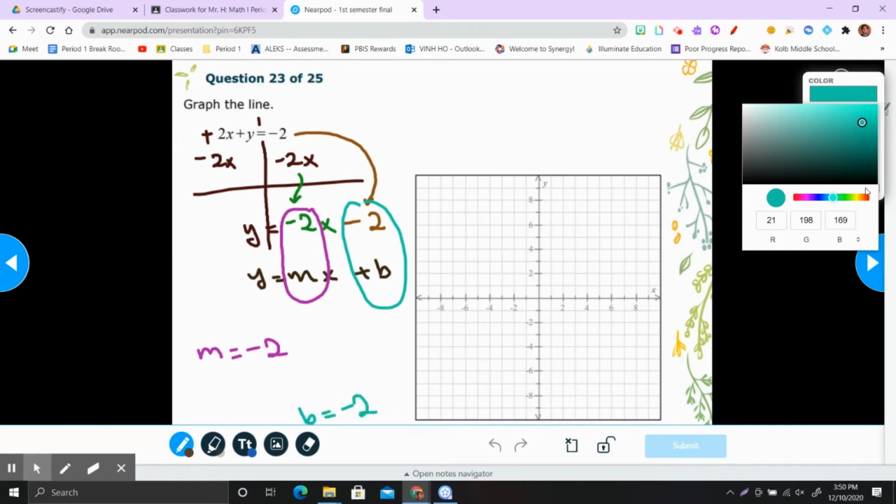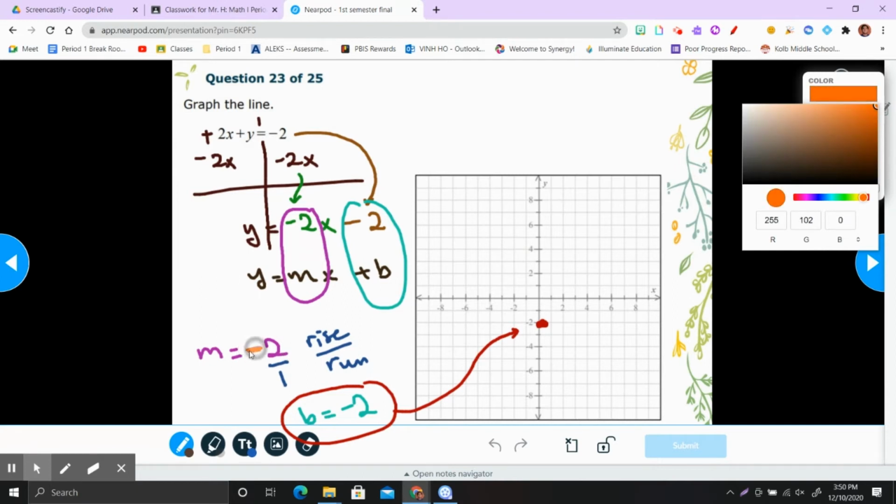All right, so to graph this, you're going to start with the b. B stands for the beginning. You begin at negative 2. The slope will tell you the pattern, rise over run. Now, to get rise over run, I need to put 2 in a fraction. So that will be 2 over 1, because 2 divided by 1 is still 2. Okay, so now I have a fraction. I can do rise and run.